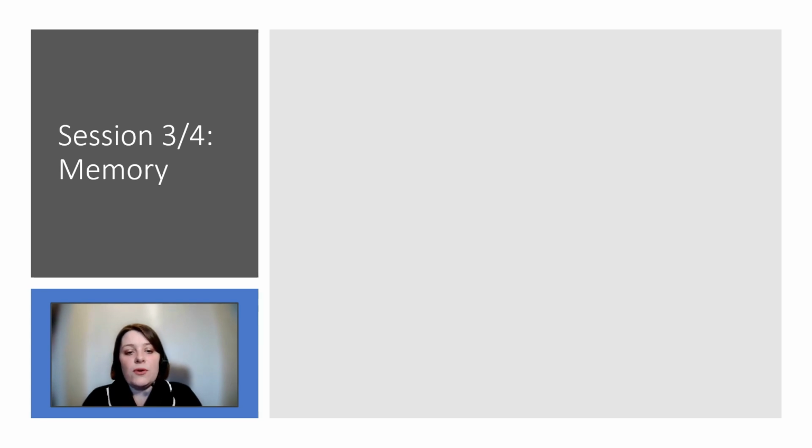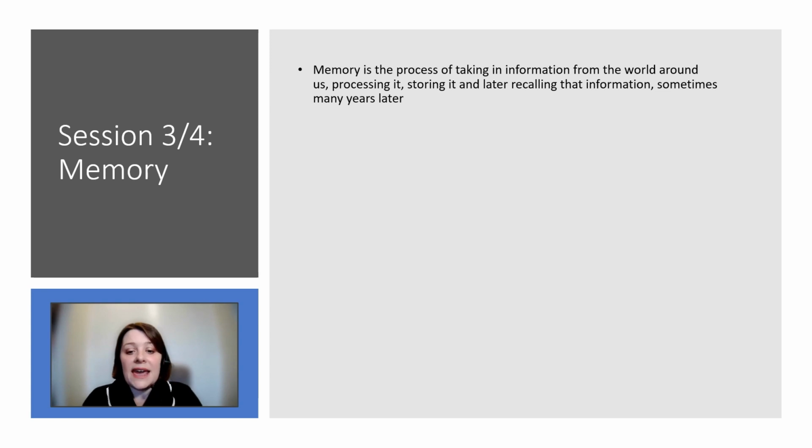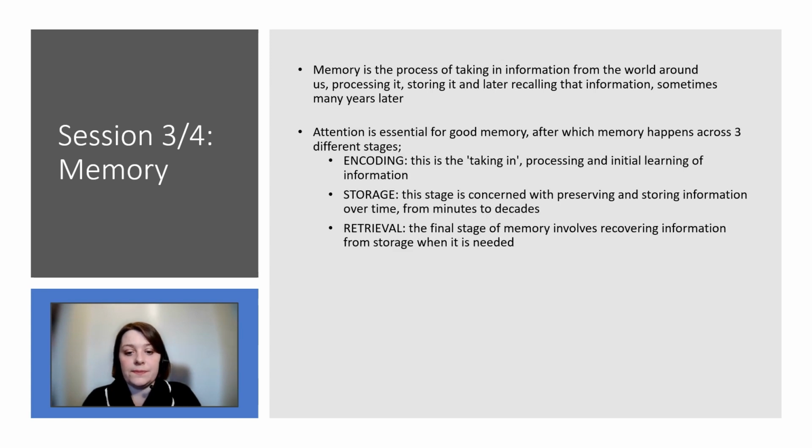Let's move on to memory now. We discussed how memory is the process of taking in information from the world around us, processing that information, storing it, and later recalling the information when we need it, even after a very long time in some cases. We talked about how attention is essential for good memory, and we discussed the stages involved in making a memory.